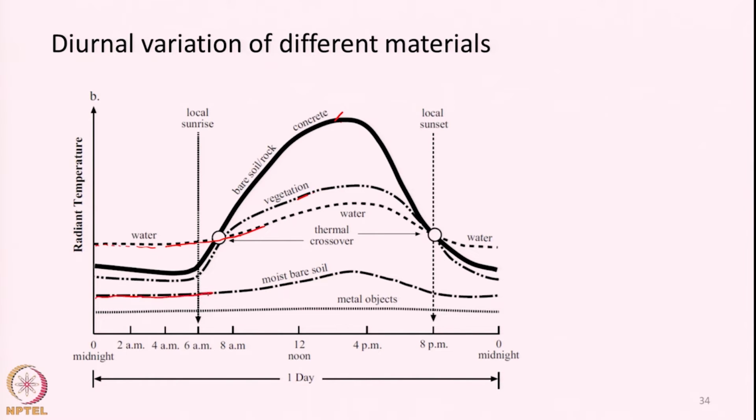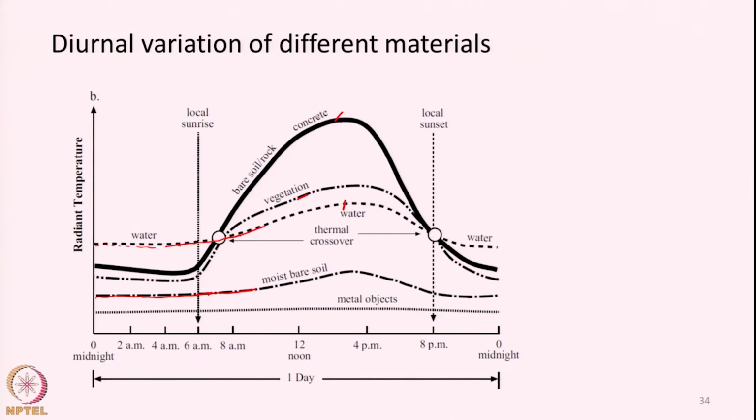What it essentially means is that different features behave differently to solar radiation or change in temperature. Water has very high thermal inertia, it resists the tendency to change its temperature. So if you take the difference between the maximum temperature in a day and the minimum temperature in a day, the difference will be quite small.